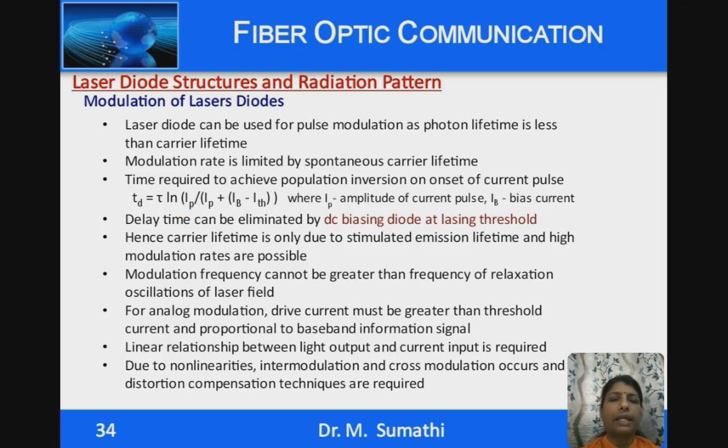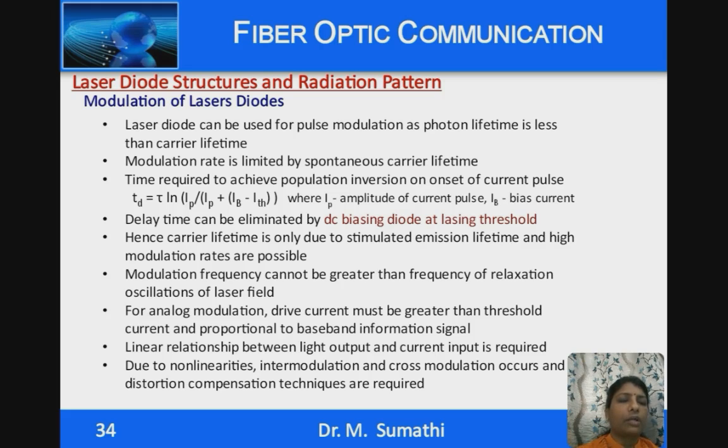This delay time Td can be eliminated by providing suitable DC biasing to the diode at lasing threshold. In this case the delay time becomes 0 and the output optical pulse can change as soon as the input current pulse changes. With DC biasing of the diode, the carrier lifetime is only the stimulated emission lifetime, and therefore high modulation rates are possible.